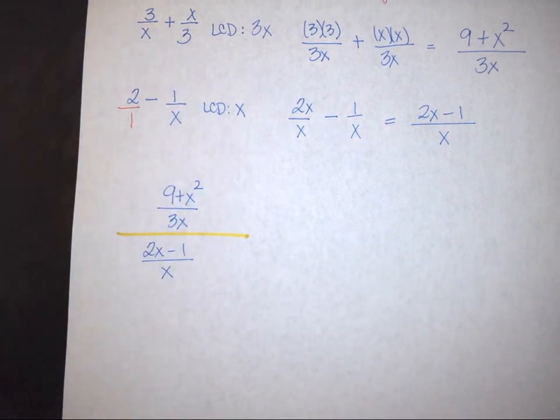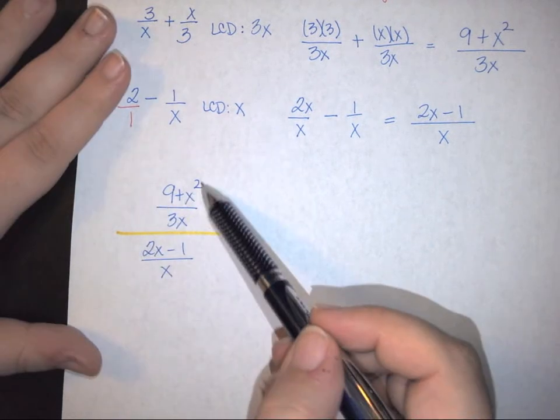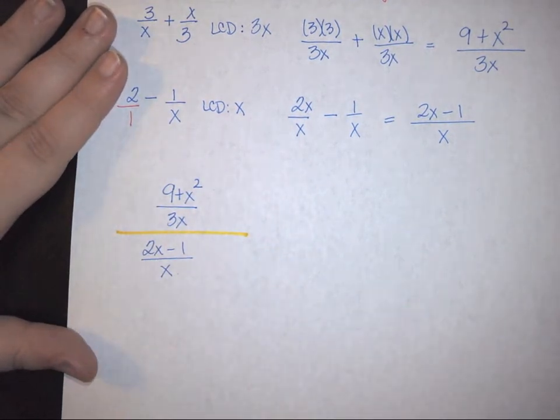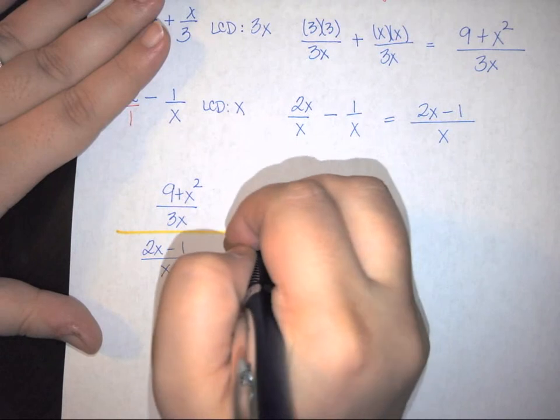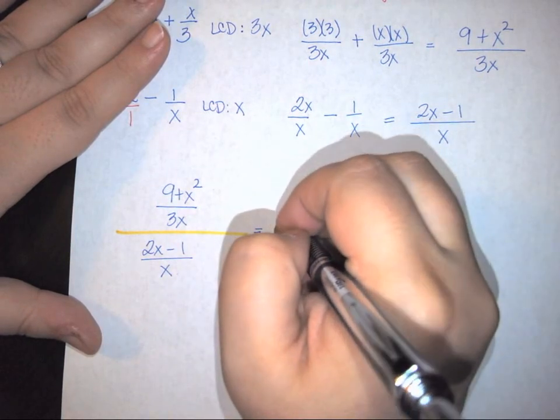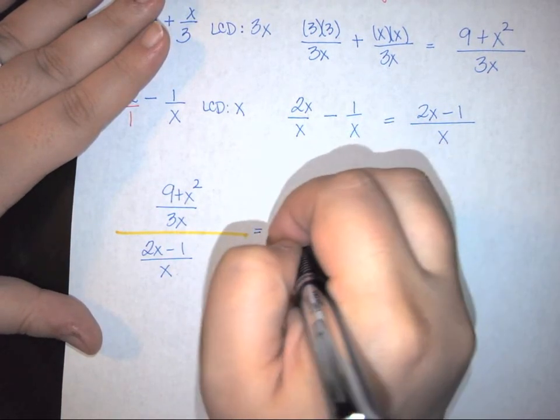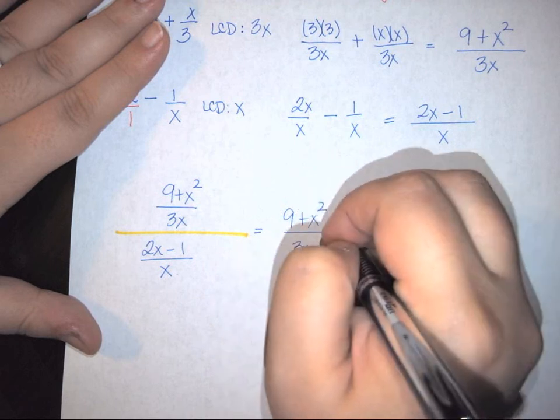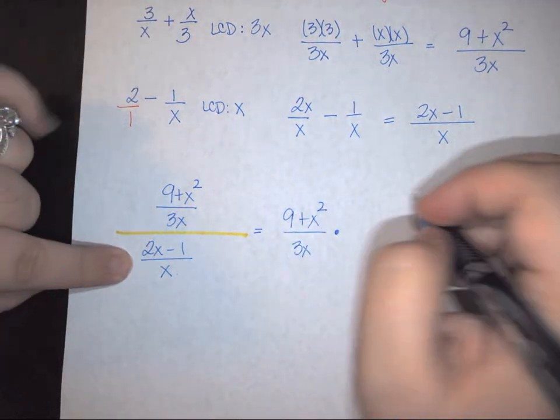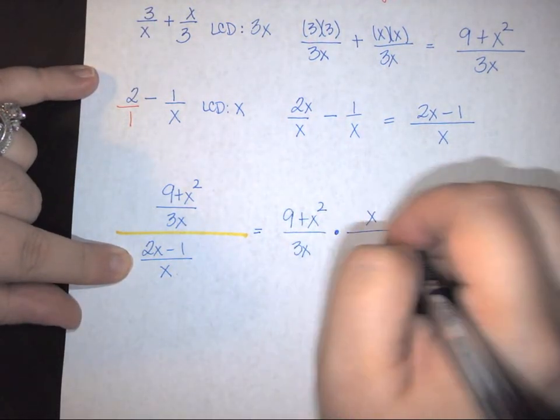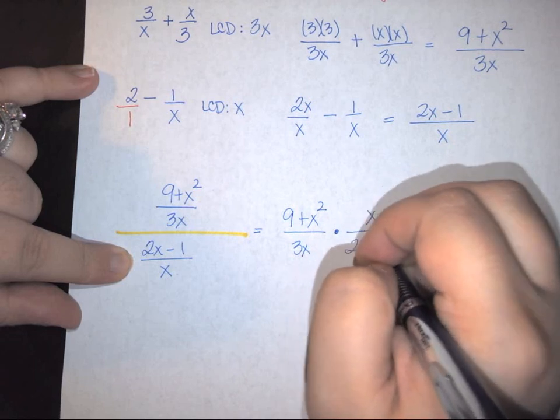Again, my division says I'm going to keep the top, change the sign, and flip the reciprocal. So this is going to end up becoming 9 plus x squared all over 3x times, flip the reciprocal, x over 2x minus 1.